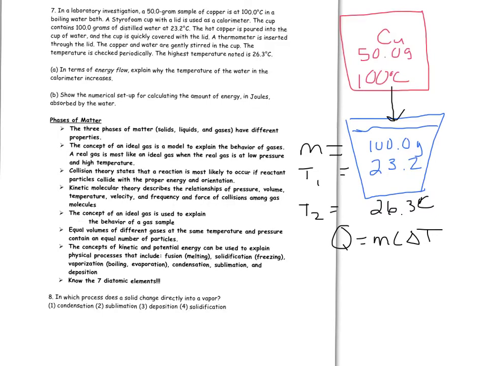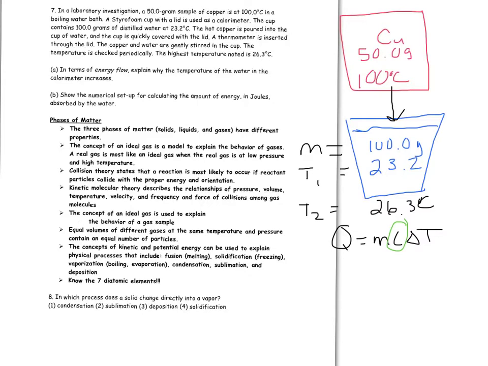Recall from earlier that whenever we're using this equation, or any heat equation, one of the variables has to come from your reference table B. In this case, that is going to be the specific heat capacity. That value found on reference table B is 4.18 joules per gram degree Celsius.